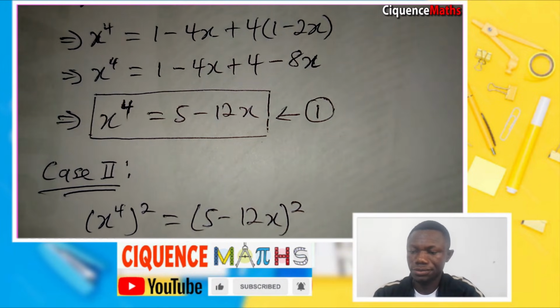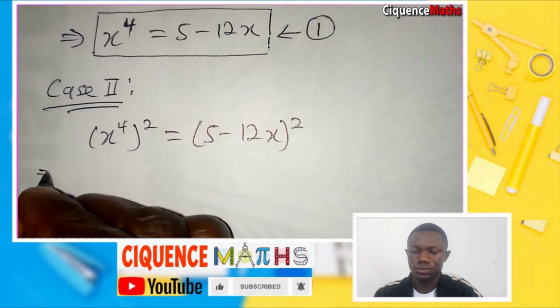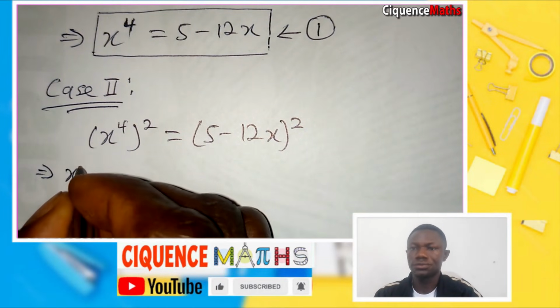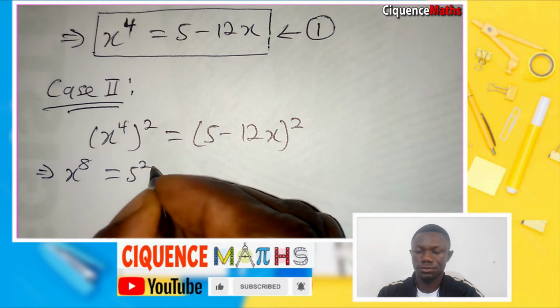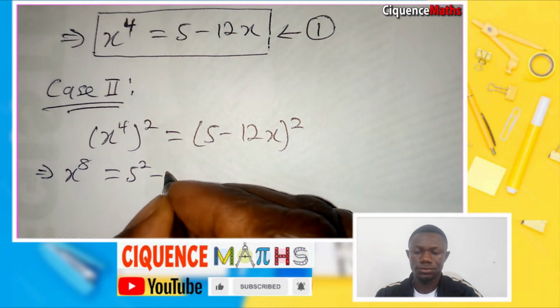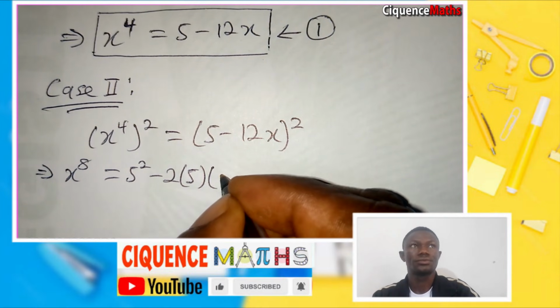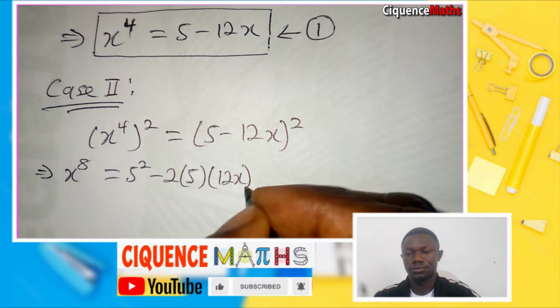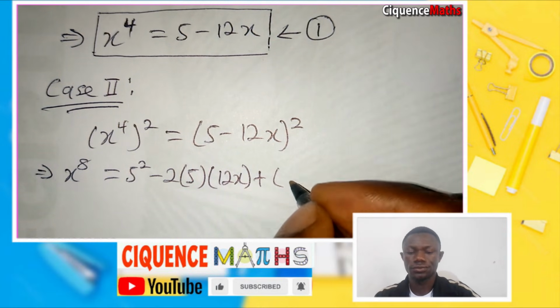So we have x exponent 4 squared equal to (5 minus 12x) squared. This becomes x exponent 8 equal to 5 square minus 2 times 5 times 12x plus (12x) squared.